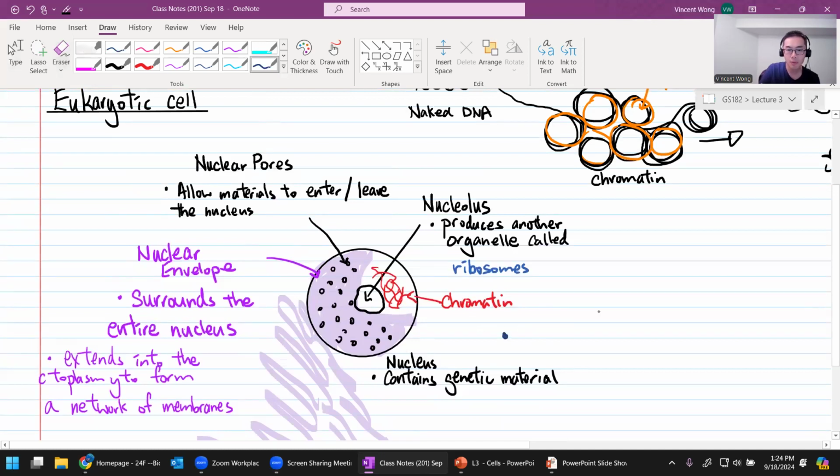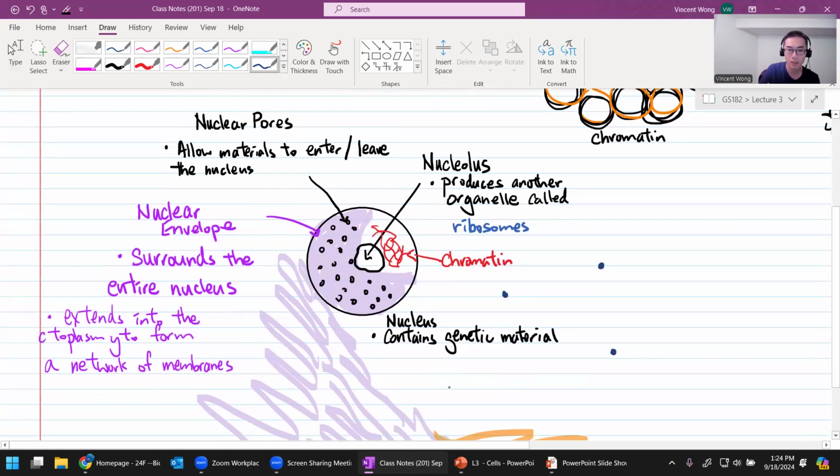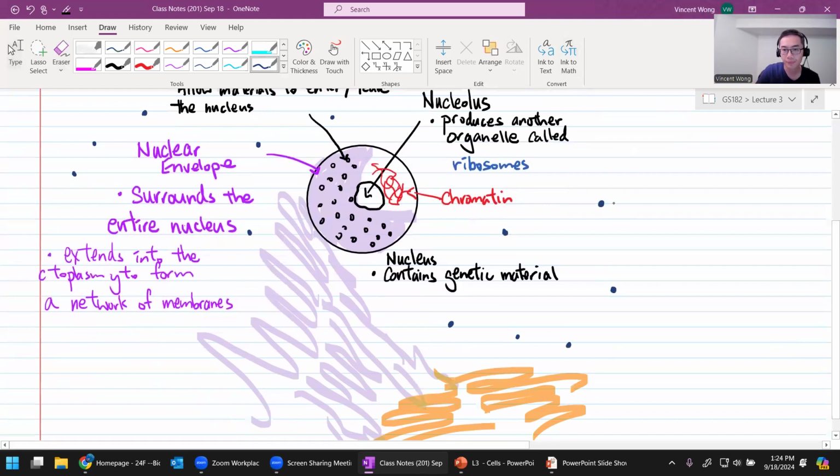Some ribosomes will be floating around in the cytoplasm on their own, just by themselves, like jellyfish in the ocean. So these are free-floating ribosomes.